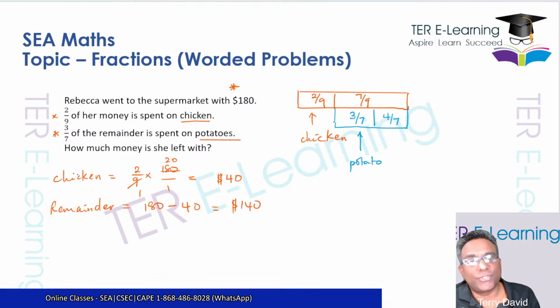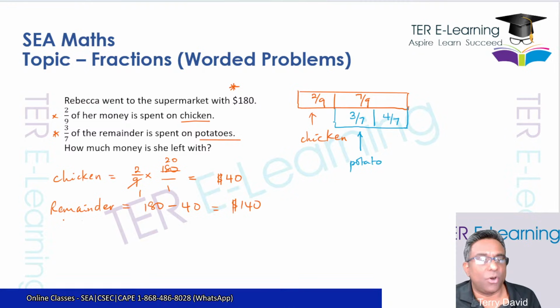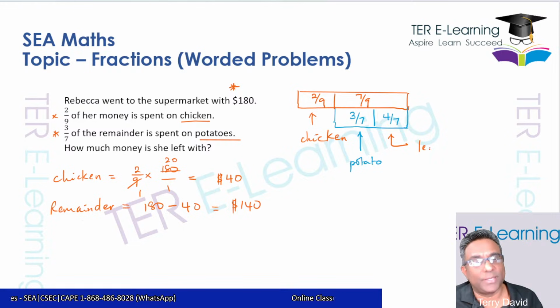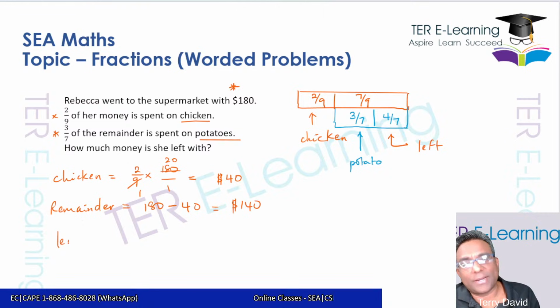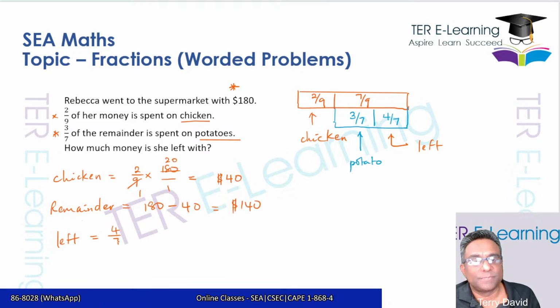Now we are saying that 3/7 is spent on potatoes, okay? But this 4/7 here is what she's left with. So we can go directly and work out what she's left with by simply finding 4/7 multiplied by your remainder.